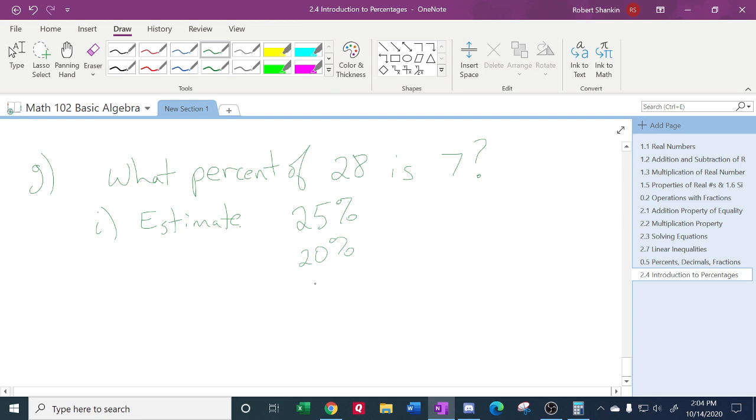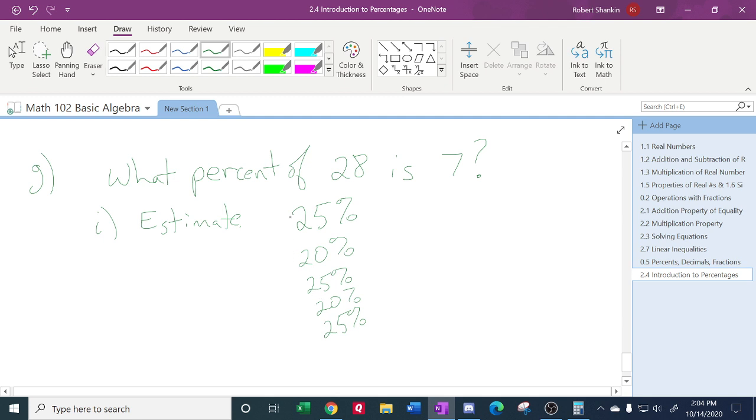Okay. Group 4, what do you have as your estimates? We've got 25% or somewhere around 20. And again around 20. And group 5? 25%. Okay. All right.